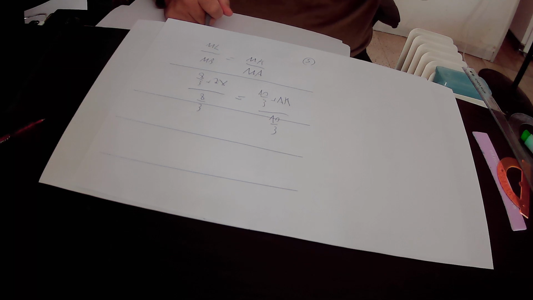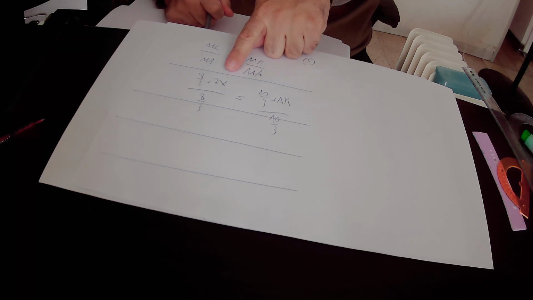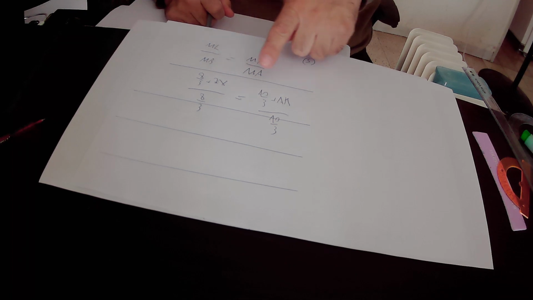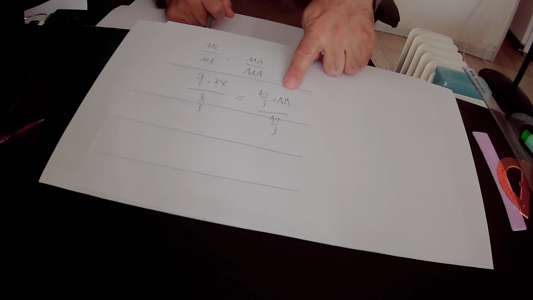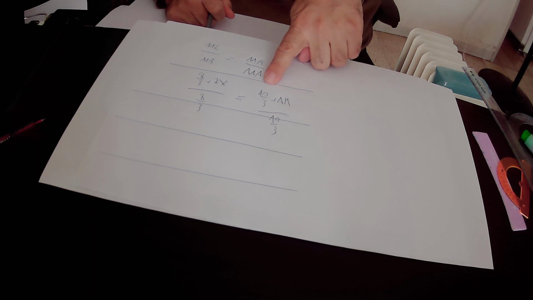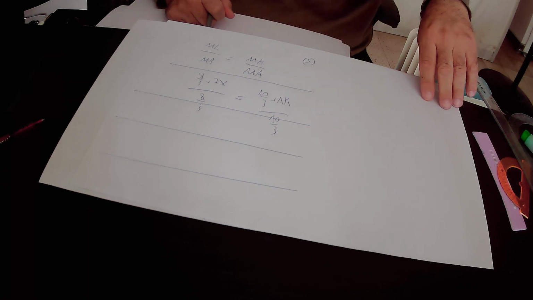So here we'll multiply 2x by 3 and then divide it by 3 in order to have a common factor with 8 over 3. And here also we'll multiply AK by 3 and then divide it by 3 in order to have a common factor with 10 over 3.